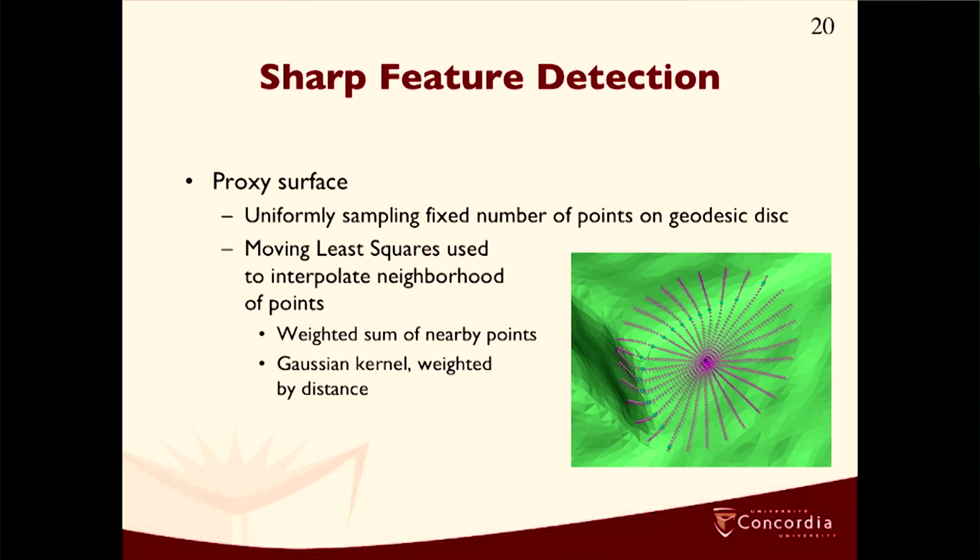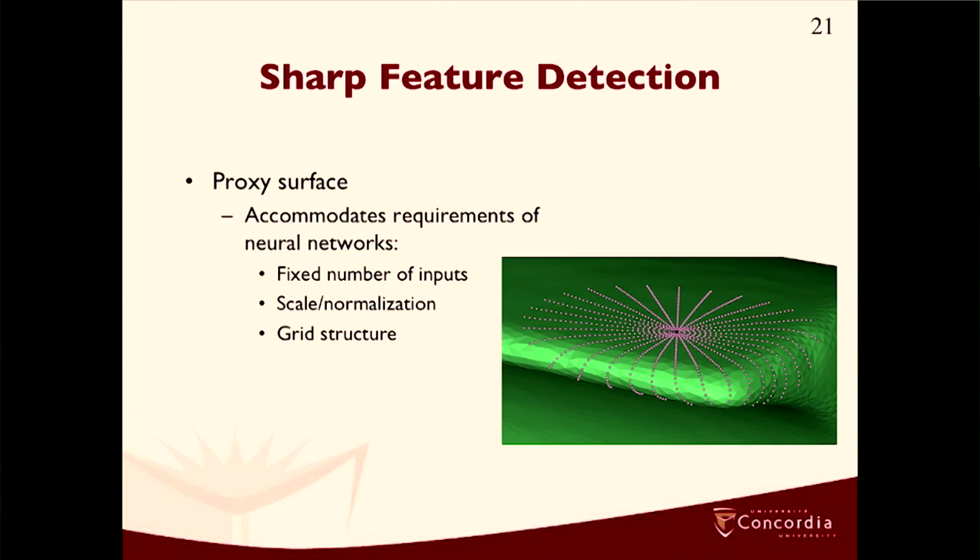And by uniformly sampling a fixed number of points on a geodesic disk, that takes care of a bunch of the limitations of neural networks. First of all, the fixed number of inputs. And you can easily scale or normalize the thing by the size of the geodesic disk. And you also get a grid structure, which is great for convolutional neural networks.